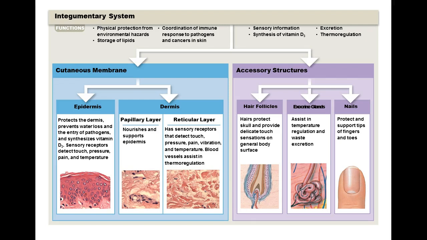The epidermis is alive, metabolically active, replicating on the layer that's closest to the basement membrane. And so you have a basement membrane here because the epidermis is an epithelial membrane. Atop that basement membrane you have a layer called the stratum basale, and that's the layer that is making new cells of the epidermis.